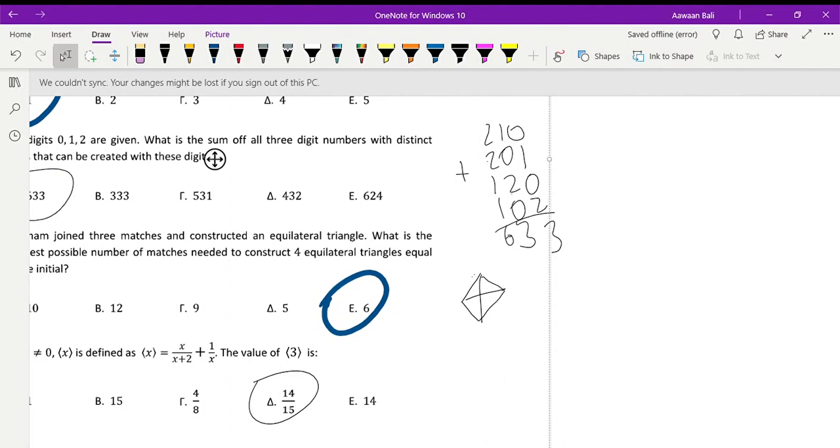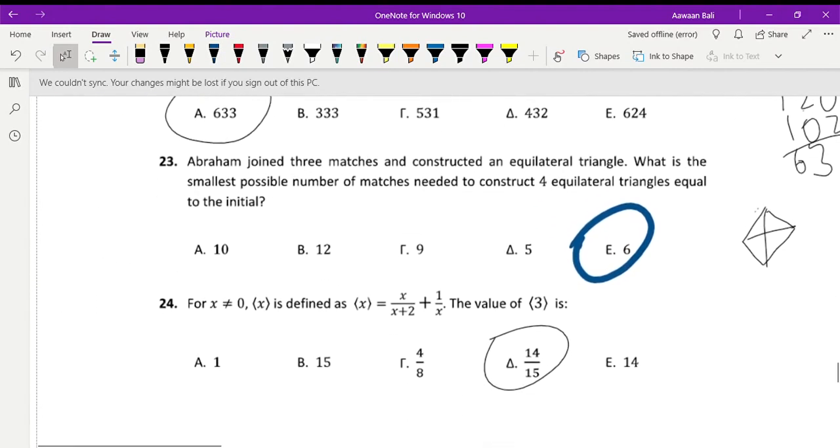It's the same for the tens digit, but for the hundreds digit, we know that it will end in 1 two times and end in 2 two times, because we have two possibilities for it starting in 2, and two possibilities for it starting in 1. So you can directly get 633 like that. So the answer is alpha 633.